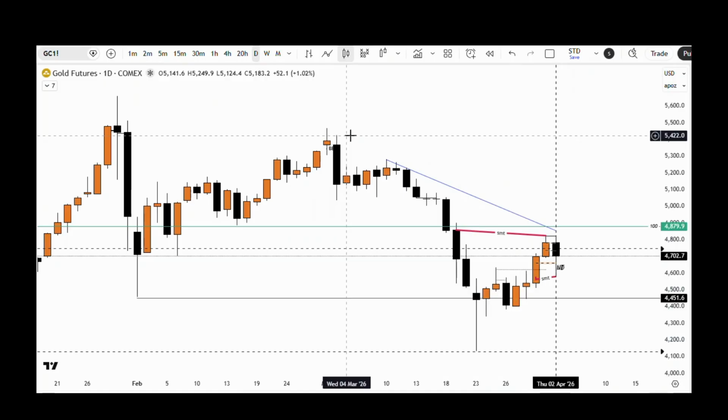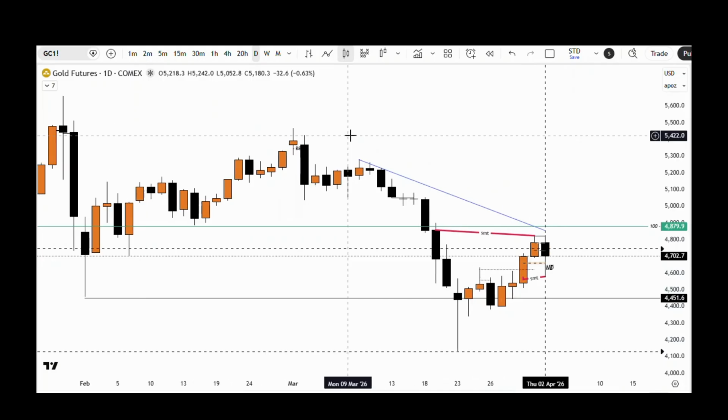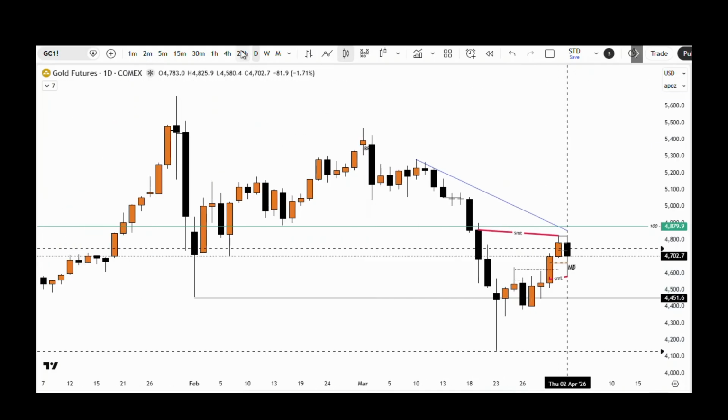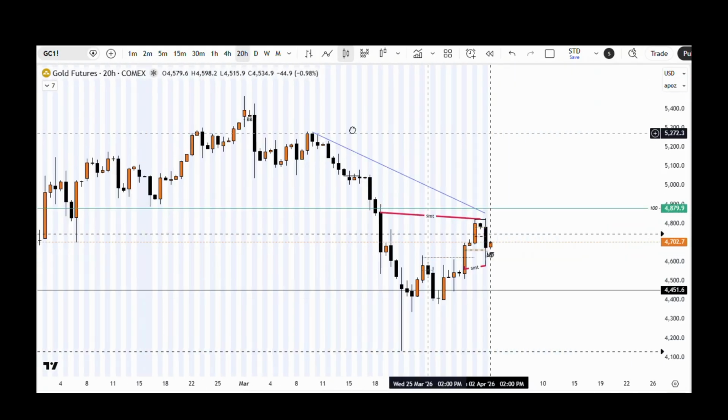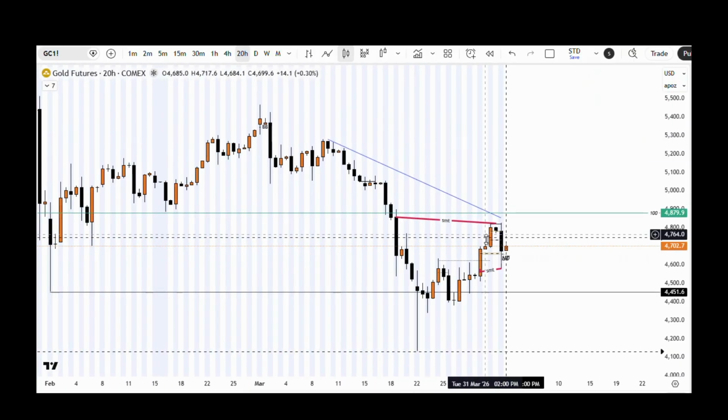SMT, fair value gap, fibs at point C. That gives you the confidence to then go long or short. So just to repeat, where is your stop loss? If I go back to the 20 hours, I like to use this.